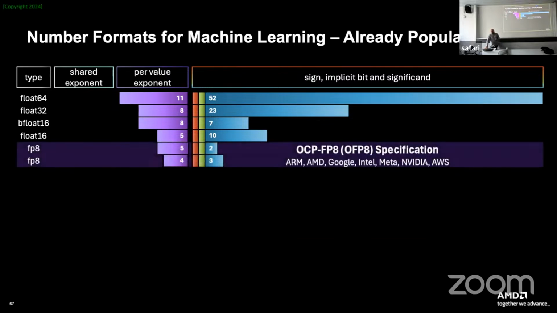In 2022, OCP supported FP8. A bunch of companies, including us, got together and said, let's standardize what to support for rounding modes and so on. FP8 is not a new data type, but it is now supported in many hardwares.